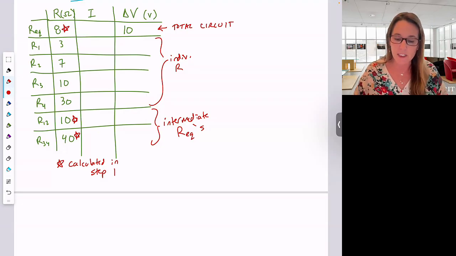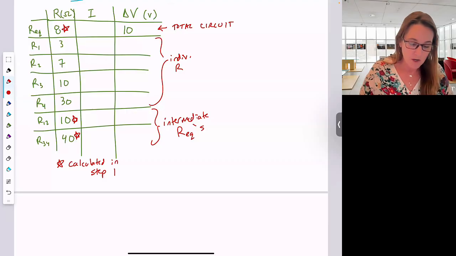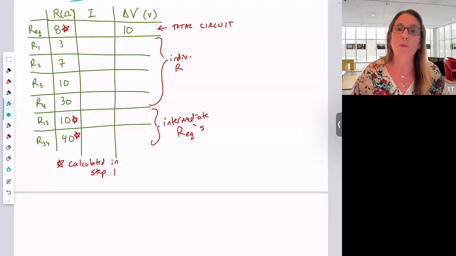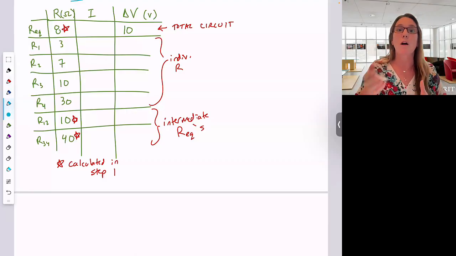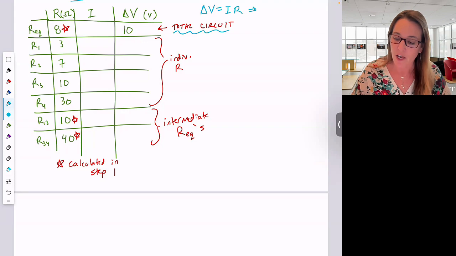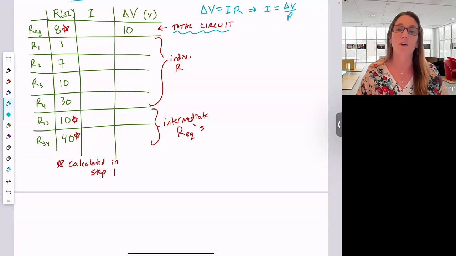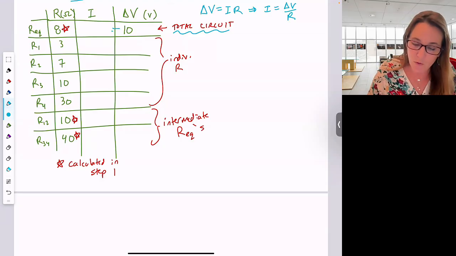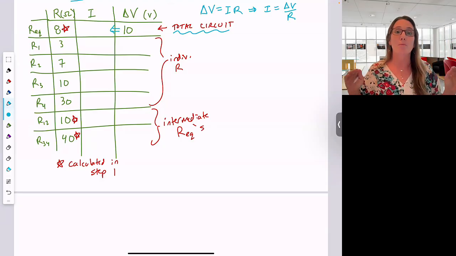Now we want to use Ohm's law and our logic to wind our way through this puzzle. The first thing we want to do is look at the total circuit. We have the equation delta V equals IR, and note that it can be arranged so that I equals delta V over R. The first thing I want to do is complete this top row.